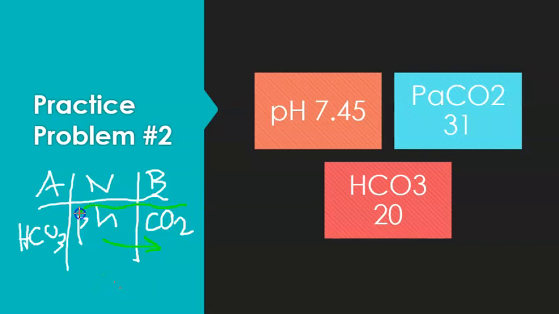So what we have is a respiratory alkalosis, and we have full compensation because our bicarb, or our metabolic component, is opposite our respiratory component. So again, this is respiratory alkalosis with full compensation.